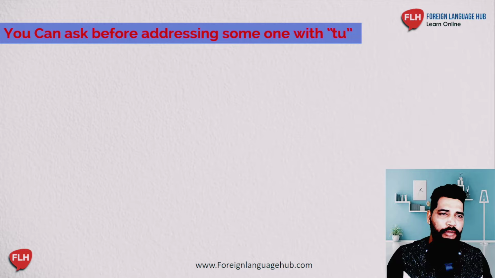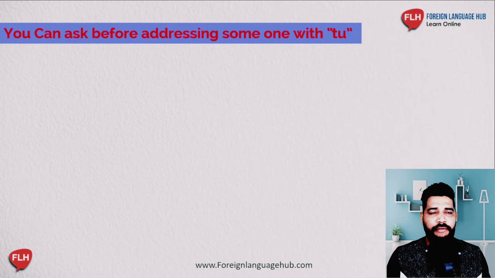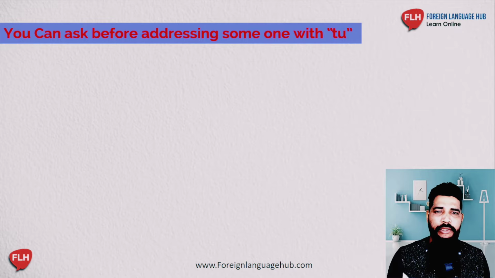If you are from Hindi speaking states, then we use tu for someone who is of our age group, or with whom we have friendly terms, and we never use tu for anybody who's elder to us, like our parents or anybody elder in age. The same concept is there in French. Tu is for friends or casual conversations, whereas vous is for aap, as in Hindi, right? Okay, so you can ask them.